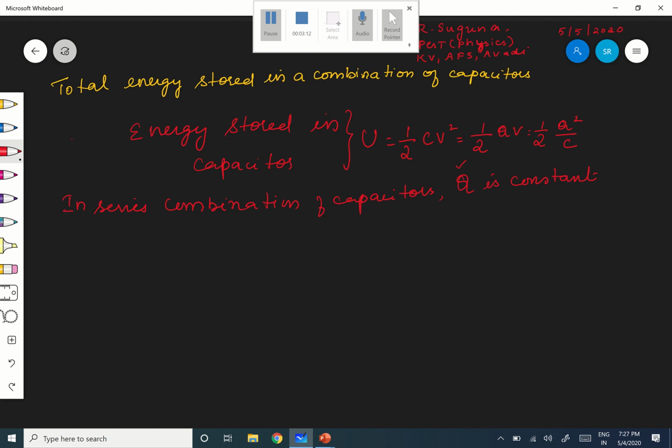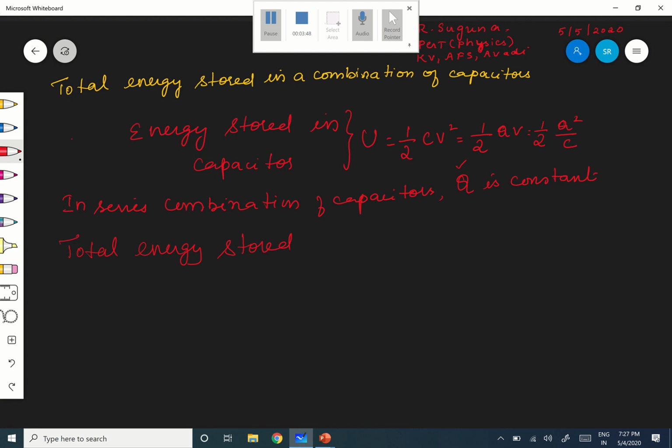Now what will be the total energy stored by the combination of n capacitors having capacitances C1, C2, C3, etc. up to Cn, with the same charge on each capacitor?